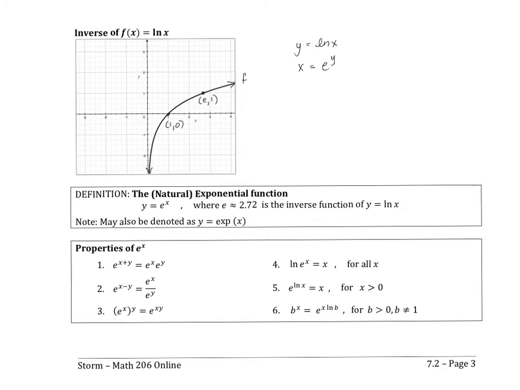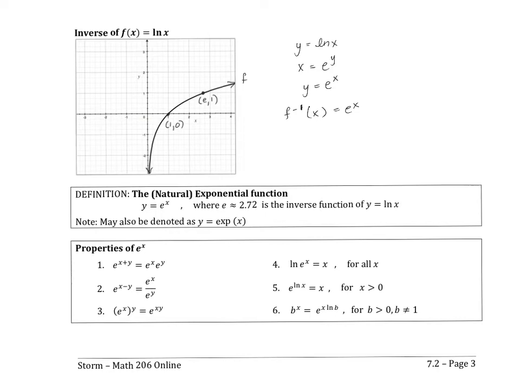And once I've done that, this is solved for x, I can go ahead and exchange my x's and y's and replace y with the inverse function notation. Oops, sorry. So it turns out that the inverse function of the natural log is the exponential function e to the x.